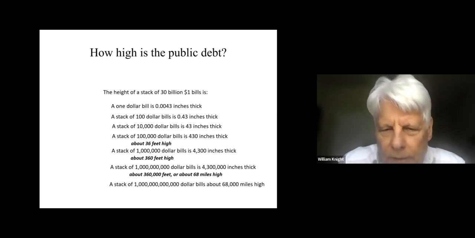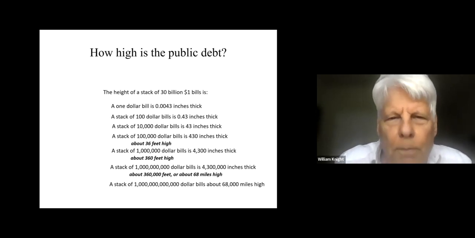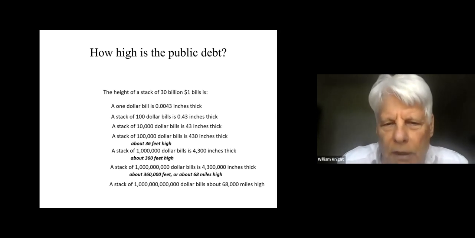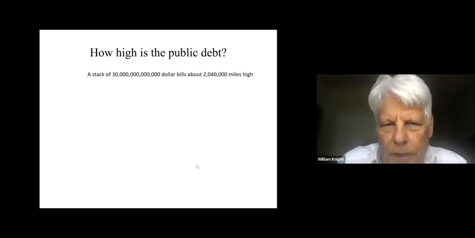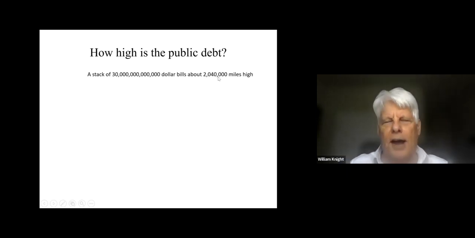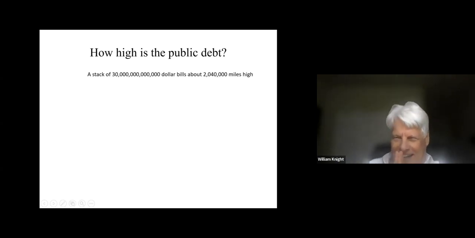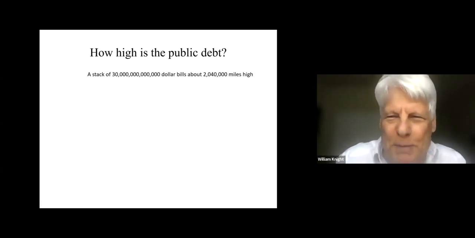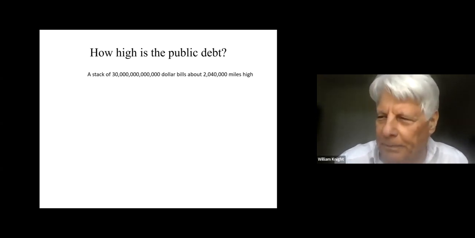Now get ready for it. Our public debt is $30 trillion. How high will $30 trillion be? A stack of $30 trillion is going to be 2,040,000 miles high. 2 million miles high. That's unbelievable.